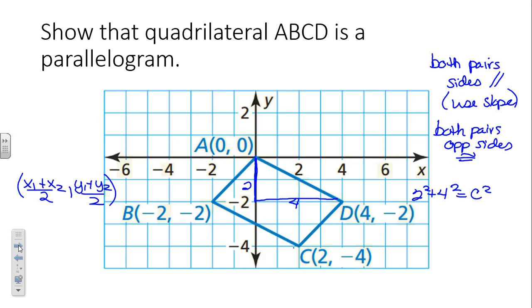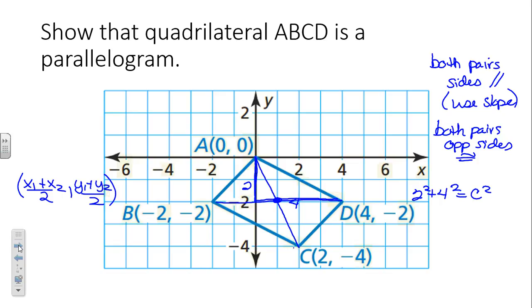I'm giving you an easier route. Maya gave you an easier route. We say, let's find the midpoint of segment BD and the midpoint of segment AC. When that's the same point, the diagonals have bisected each other, so it has to be a parallelogram.